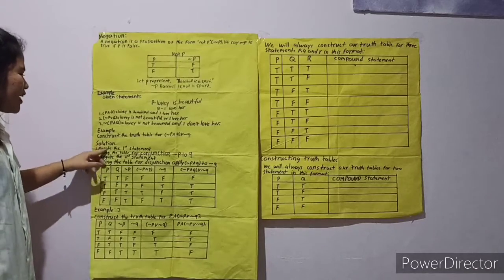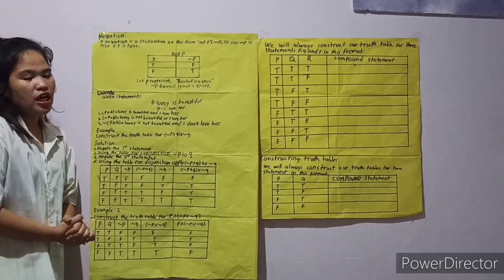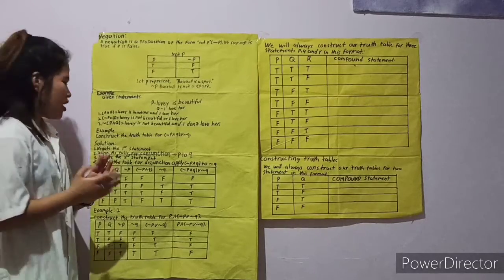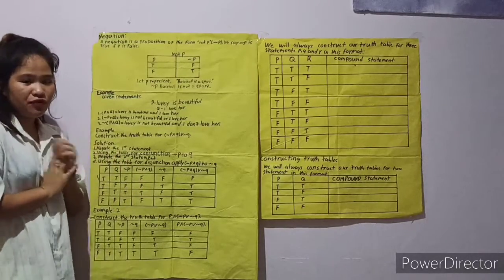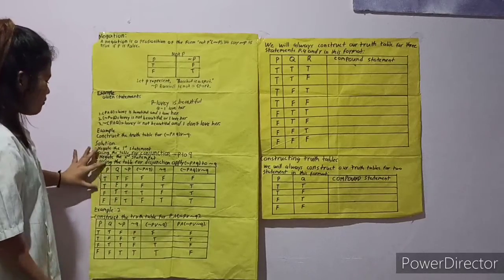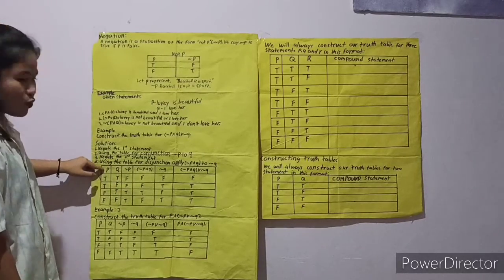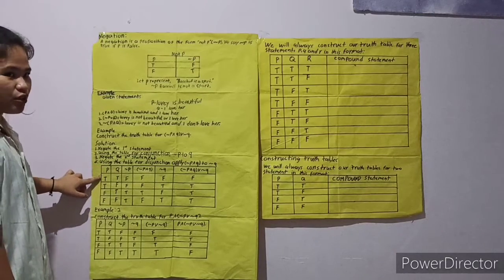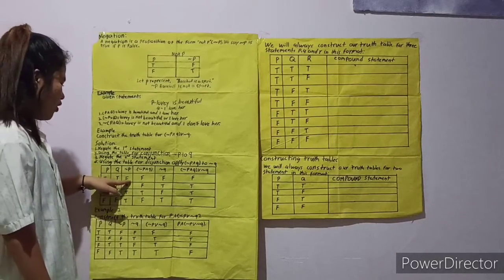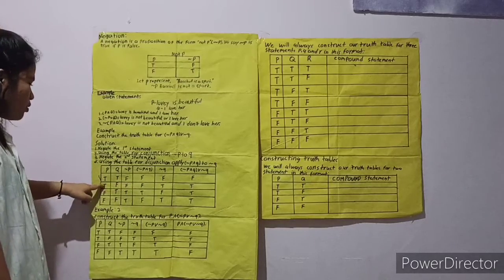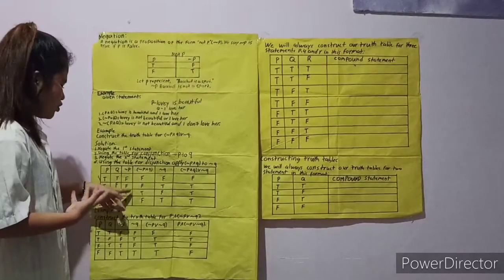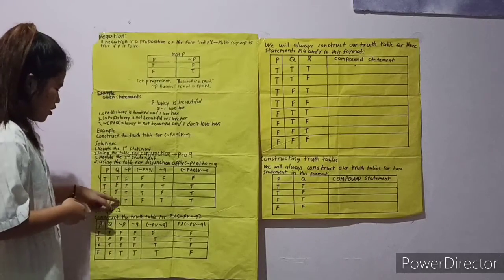Number 1, negate the first statement. The number 1 solution said that we have to negate the first statement. The first statement here is P. True becomes false, and true becomes false, false becomes true, false becomes true.